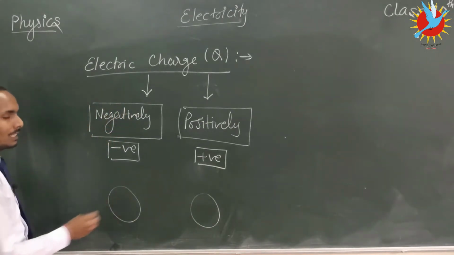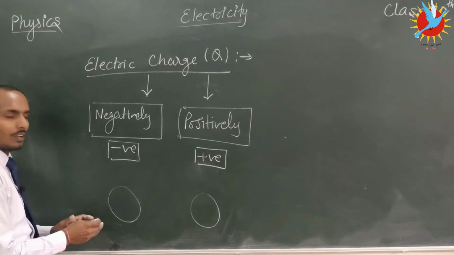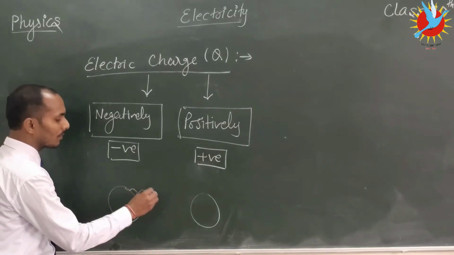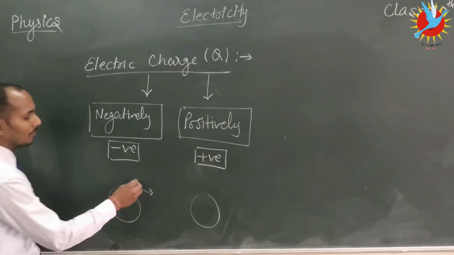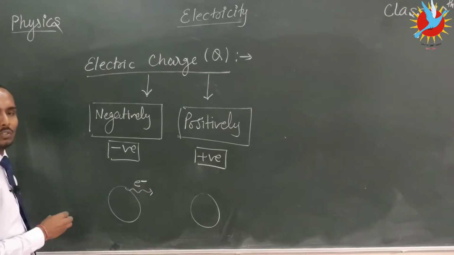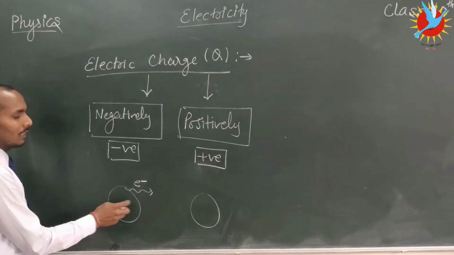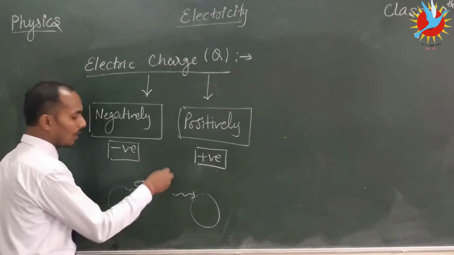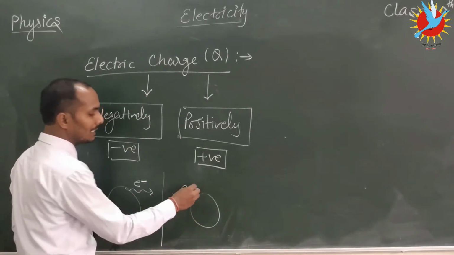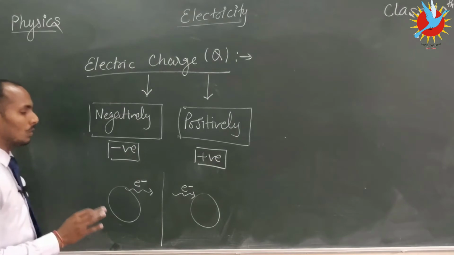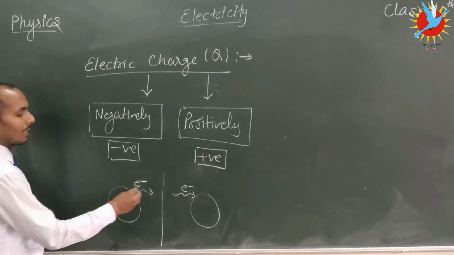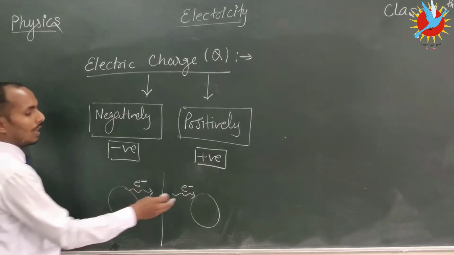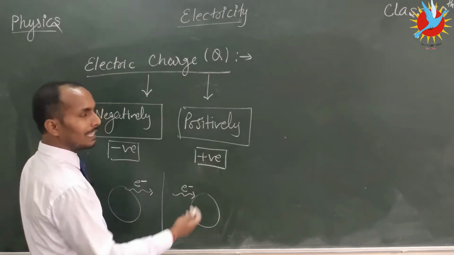Suppose that this is a piece of matter, and if it loses some electrons, and another matter gains some electrons.